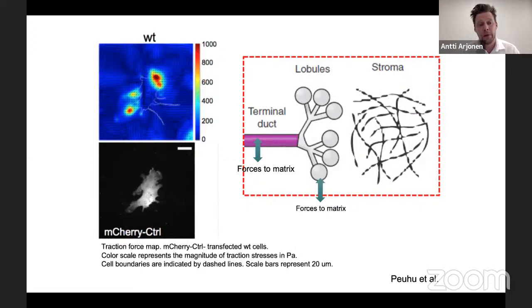And in the upper left corner, you can see this atomic force microscope image from the same printout, where we can actually measure the forces, how the cells invade their surroundings.